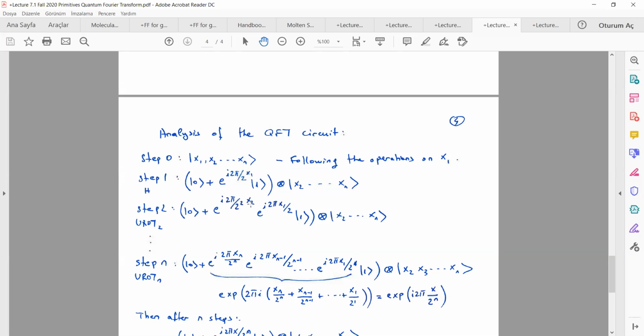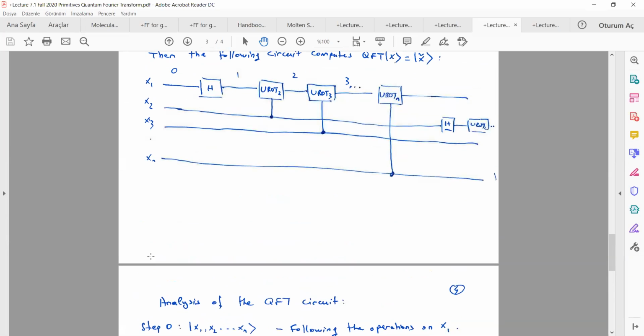When x2 equals 0, it doesn't do anything, because that's how we define a controlled unitary operation. And all the remaining qubits, x2 up to x sub n, remain the same. So up to the nth step, where we apply the controlled U_R sub n. This is applied to the first qubit only when x sub n equals 1. When x sub n equals 0, we don't do anything.